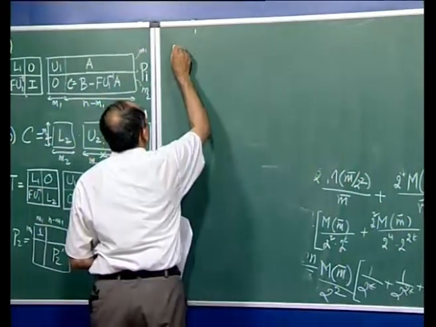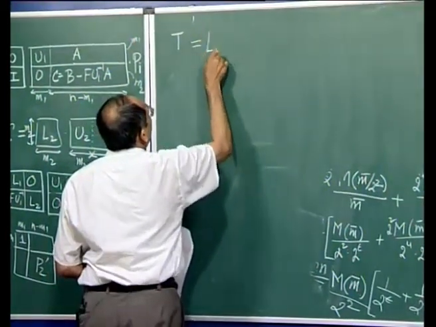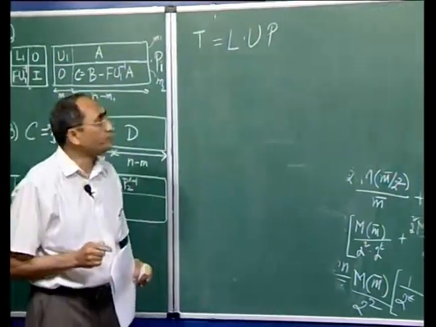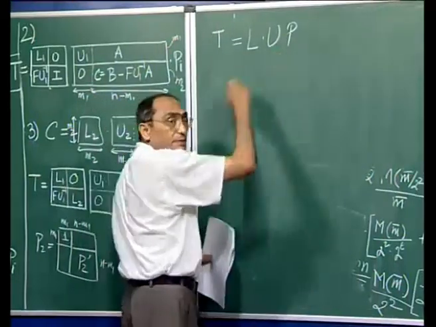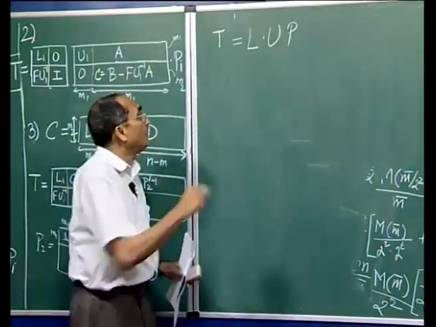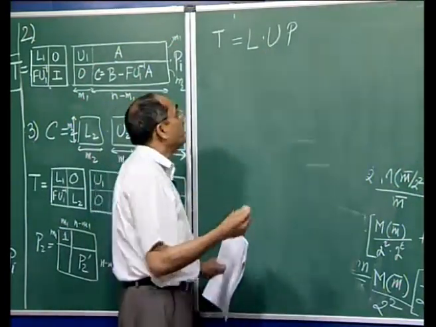So, suppose we start with a square matrix T, I can then convert this into L, U, P. Note that all of them will be square now, all of them will be non-singular, and these two will be triangular, lower triangular and upper triangular, for which we have an algorithm to compute the inverse.